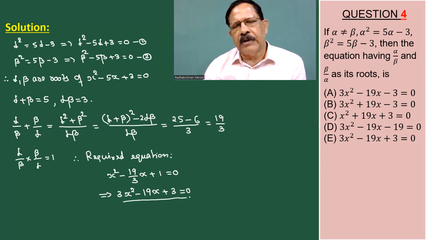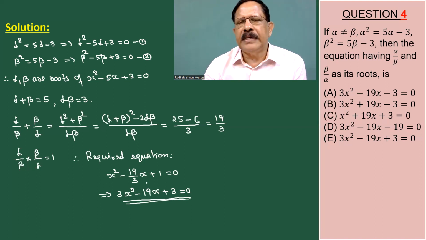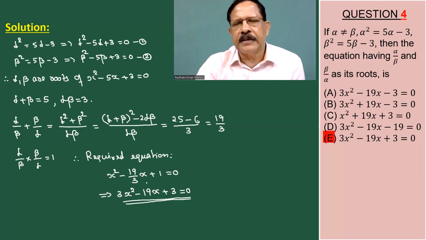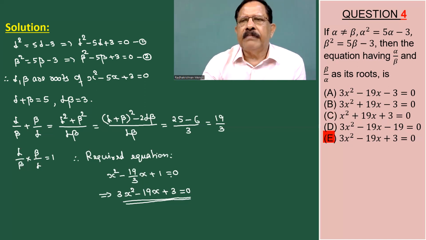That is the required quadratic equation whose roots are alpha by beta and beta by alpha. It is appearing in option E, is it not? 3x squared minus 19x plus 3 is equal to 0. Okay, these are the last 5 years' questions from the chapter quadratic equation, which were asked in the KEAM examination. Thank you.